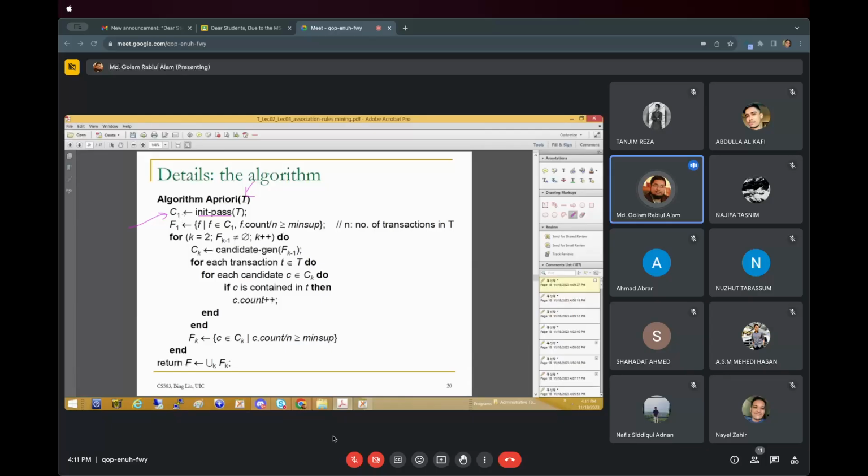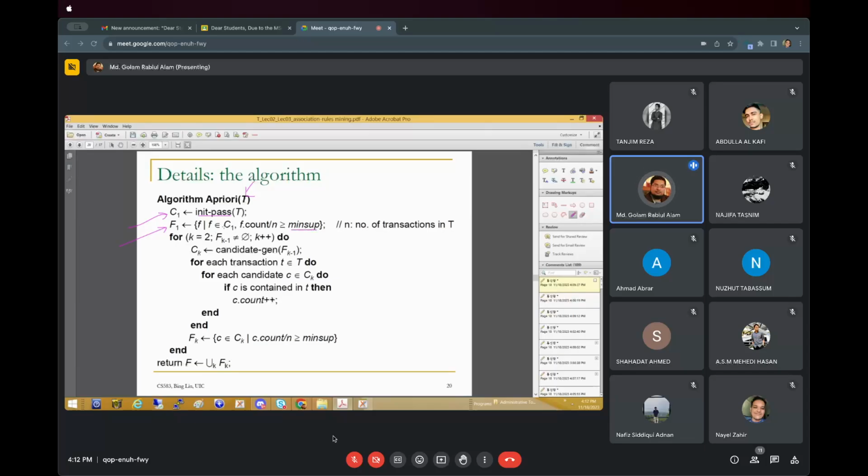C1 is the candidates of one item set, and then from this C1, we can also count the frequency. Now we have to form F1 according to our threshold. Here the threshold is the minimum support.